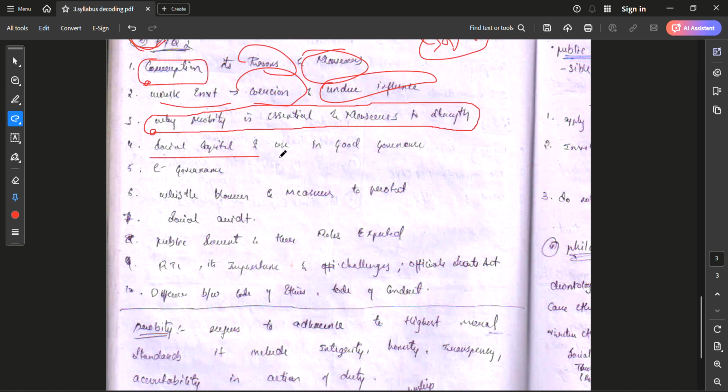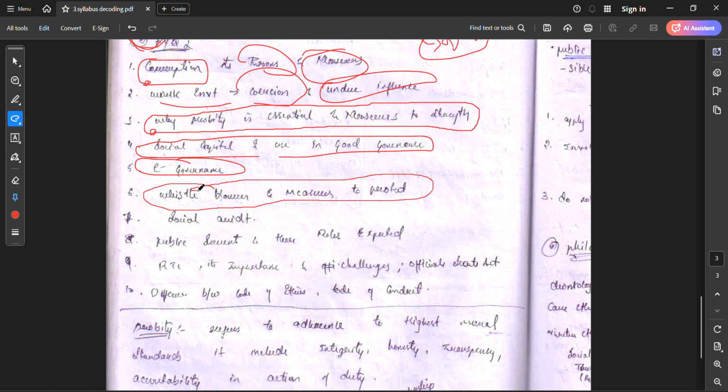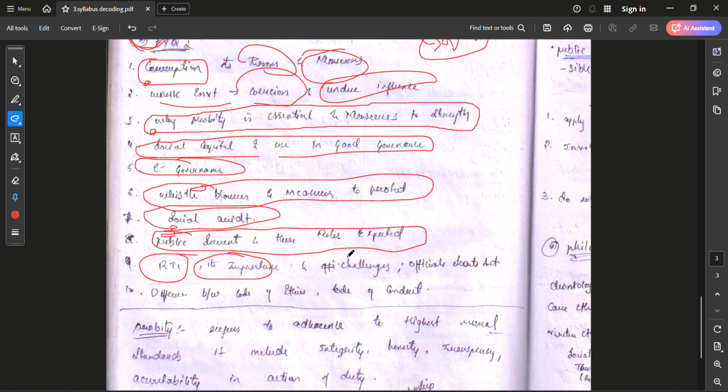Social capital and its use in good governance, e-governance, whistleblowers and measures to protect them, social audit, public servants and their expected roles. Right to information, its importance and challenges, and the Official Secrets Act, how that leads to a threat to the right to information. Difference between code of ethics and code of conduct.